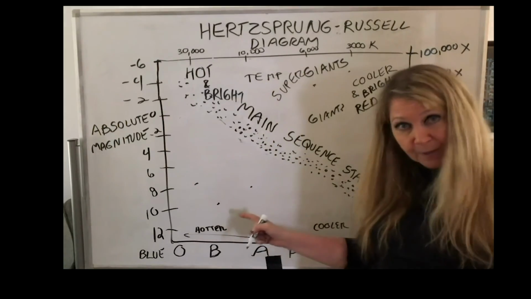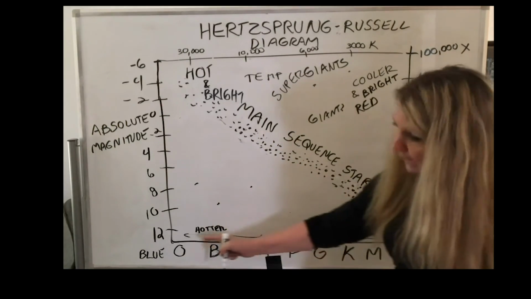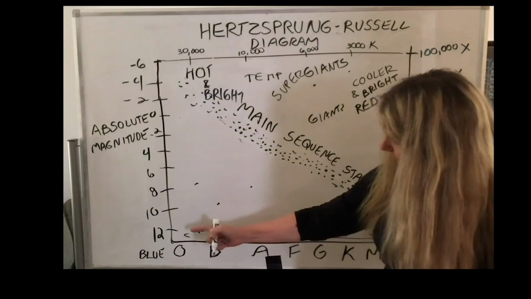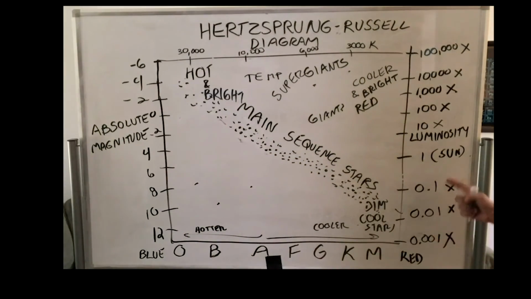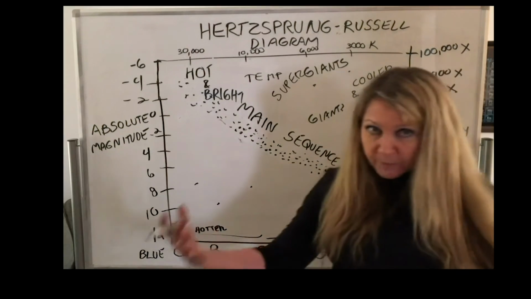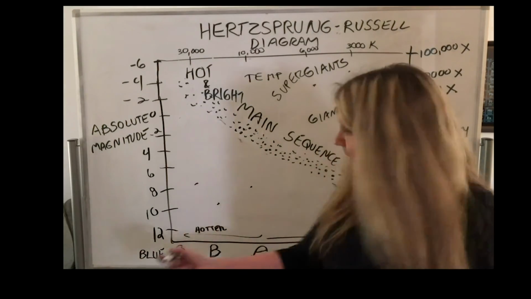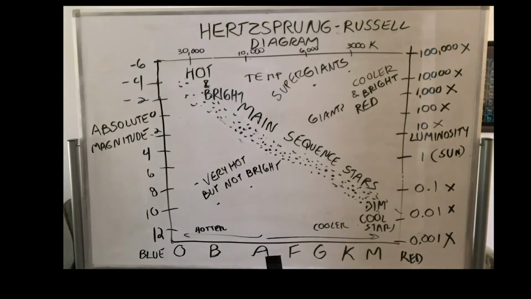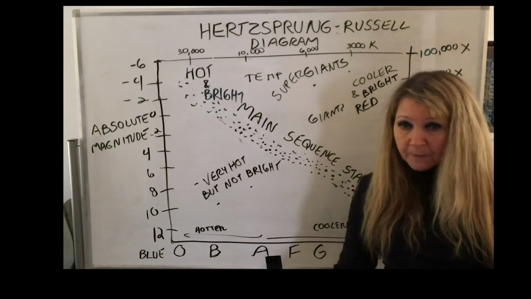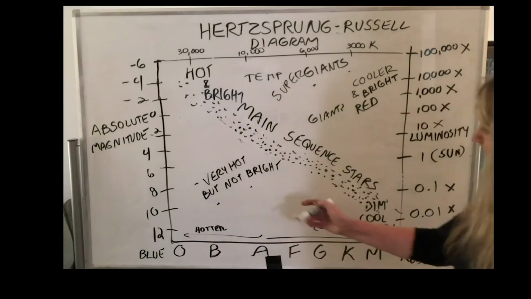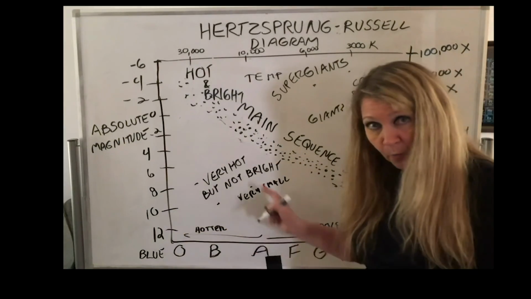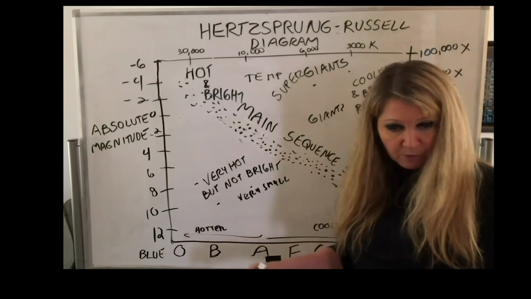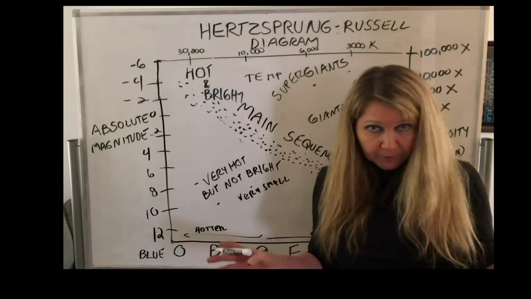The stars over here then, they're very hot, you can see, but the magnitude is lower and much less luminosity. So they're hot, very hot, but they're not very bright, very small. So these are very small stars. These are very large. Stars over here are white dwarfs. Very, very small, but they're very, very hot.